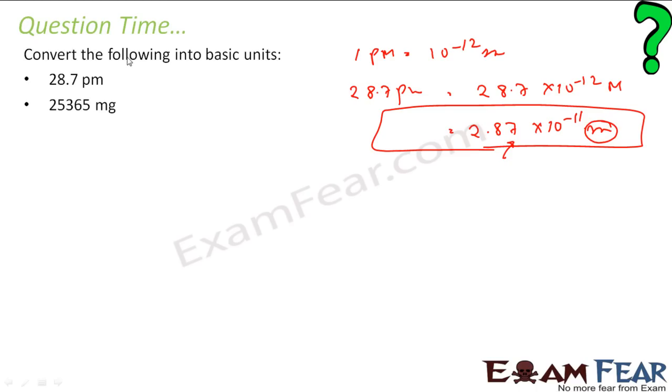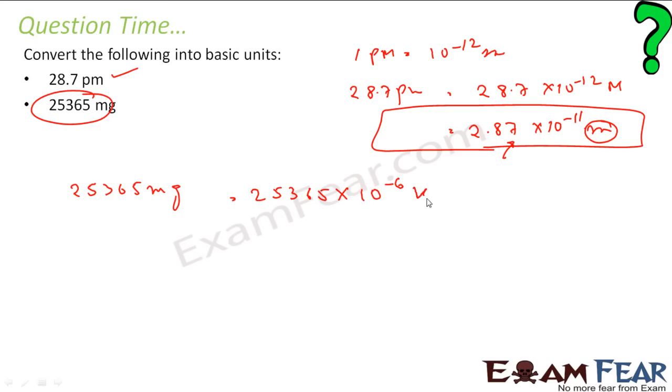This is done. Now we talk about 25365 mg. So this is nothing but you have to make it in kg, right? 25365 mg is nothing but 25365 into 10 to the power minus 6 kg. Why?